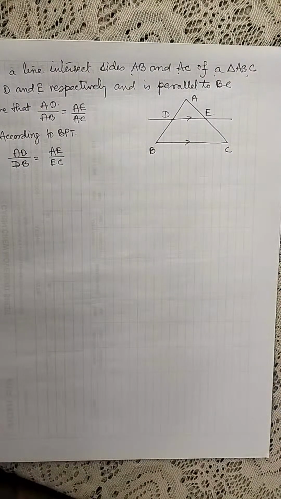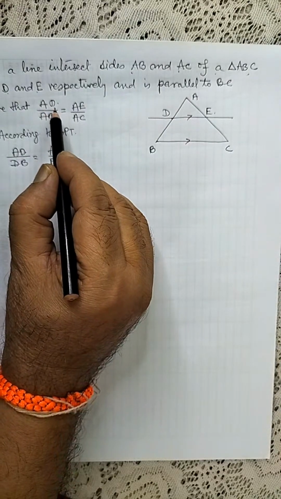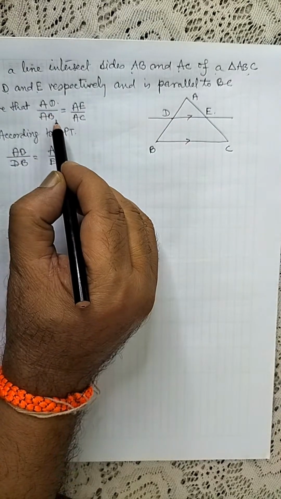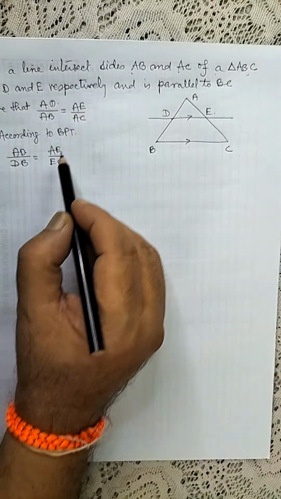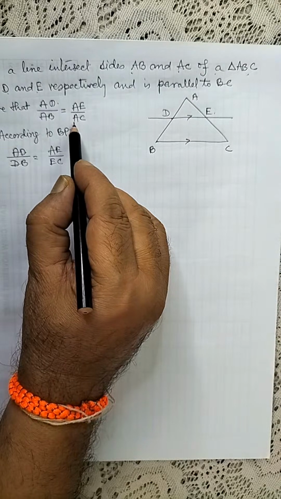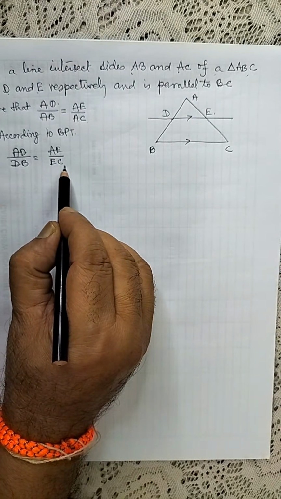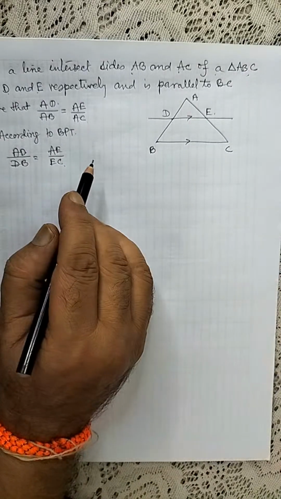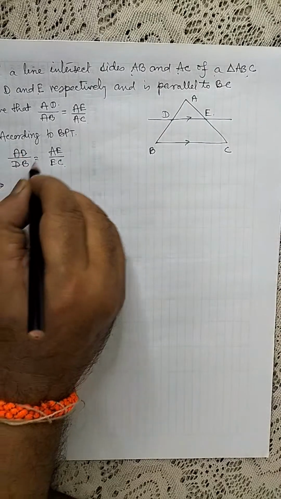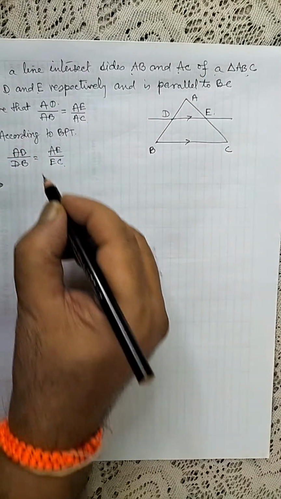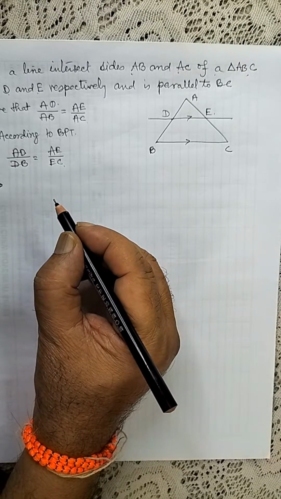Fine. But what we have to prove? We have to prove AD upon AB, here it is DB, equals AE upon AC, here it is EC. Fine. So now see how we will go about it. In the first step, since this is a ratio, I can take the reciprocal. The ratio remains unchanged.